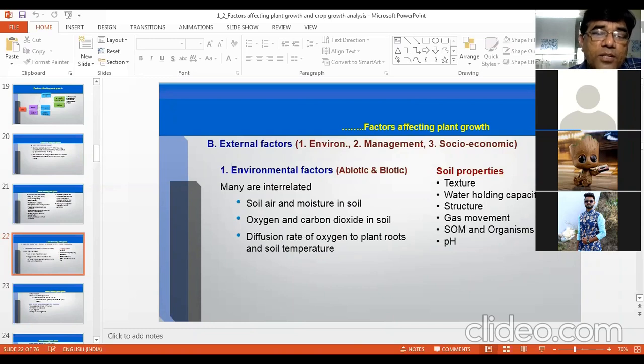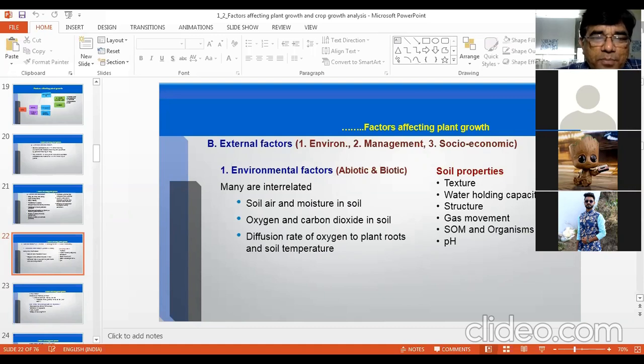And also the soil temperature. Soil temperature will be affected by soil, air, and moisture content. There is some relationship. If you get more air, less water, then you will have one kind of temperature in soil and vice versa. So oxygen and carbon dioxide in the soil, if one is more, the other will be less.